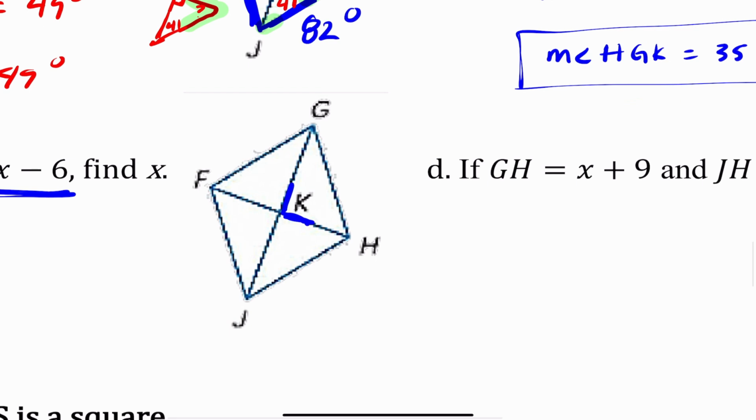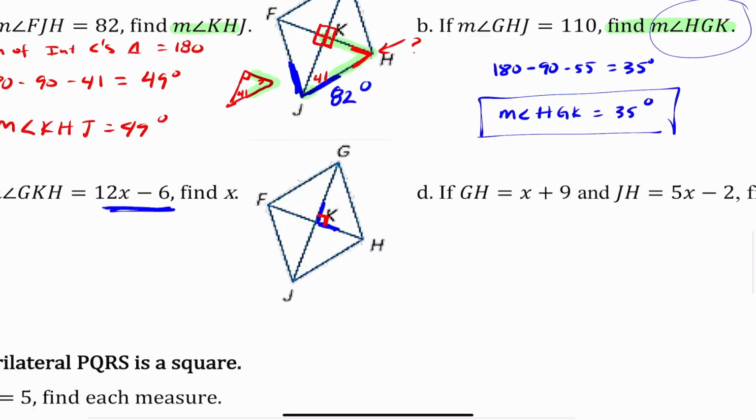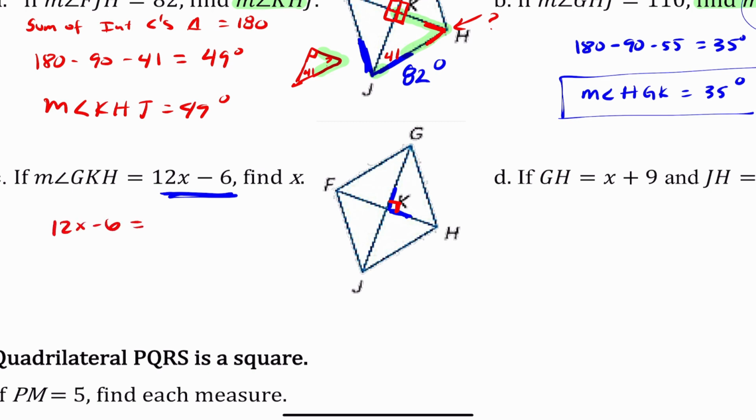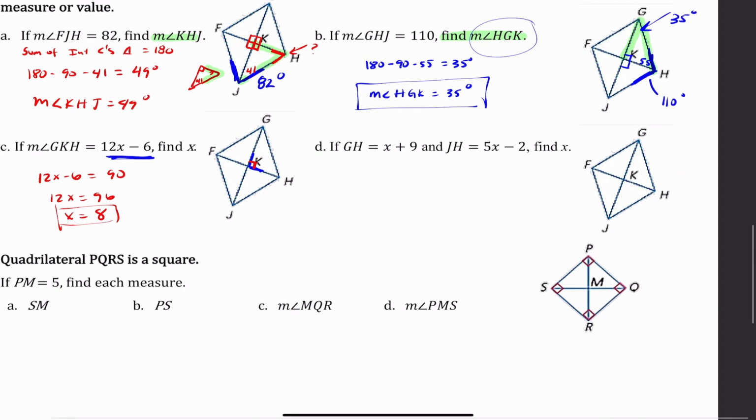So this has to be 90 degrees. So if that 12x minus 6 is that 90 degrees, I can just set them equal to each other. So 12x minus 6 is equal to 90. And then you get 12x is equal to 96. So x is equal to 8. That's your answer. Pretty easy.